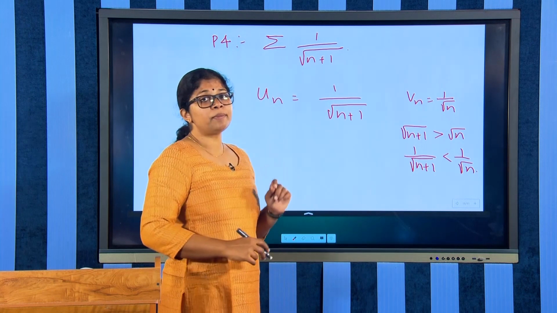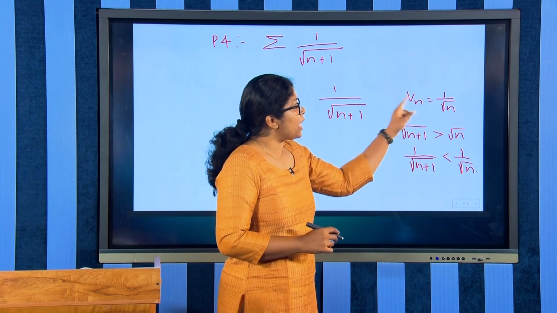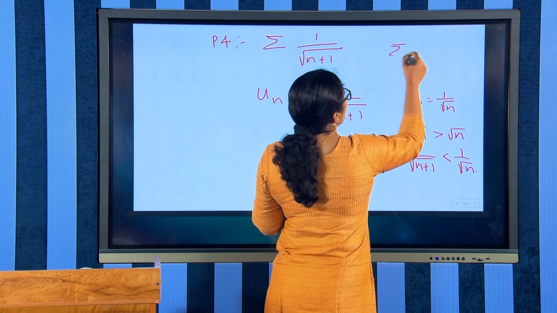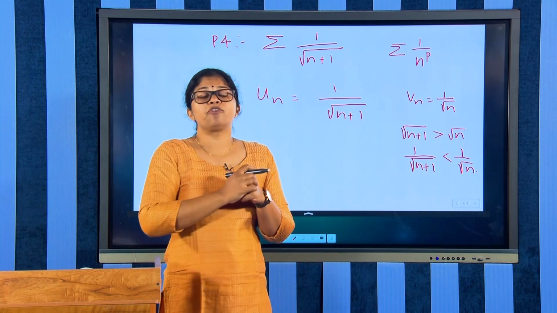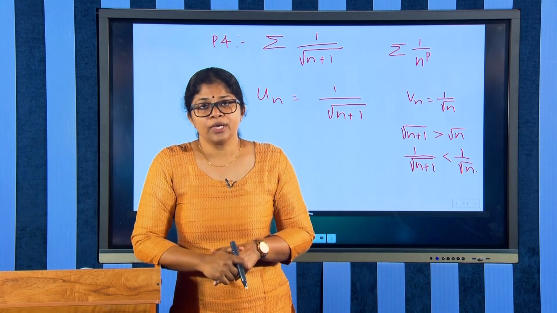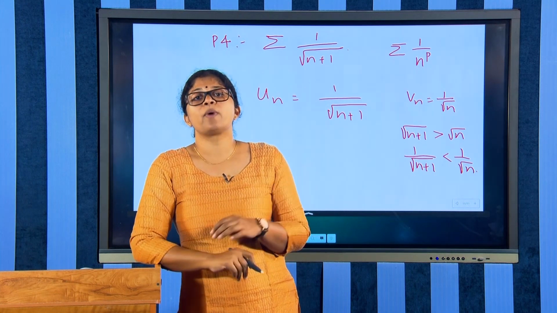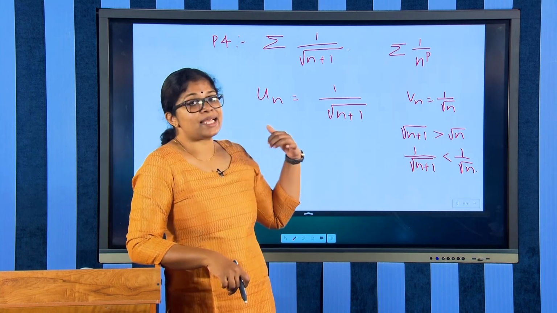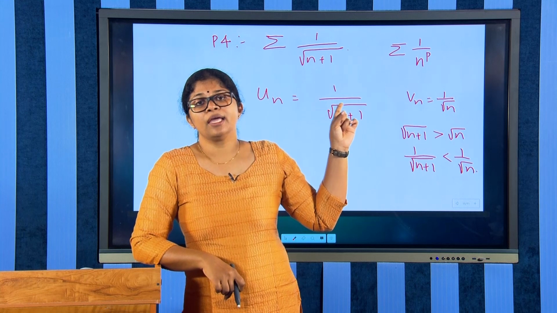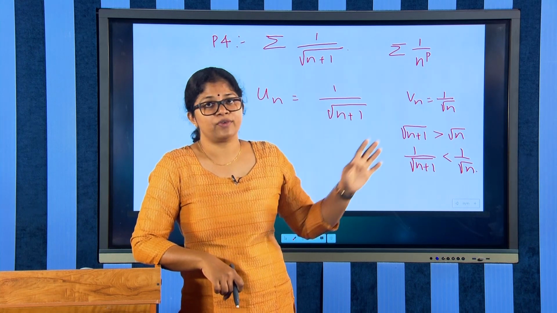But the problem is we have learnt that summation 1 upon n raised to p converges if and only if p is greater than 1. Here the value of p is 1 by 2, which is less than 1, and so the series will not converge. So, it diverges.